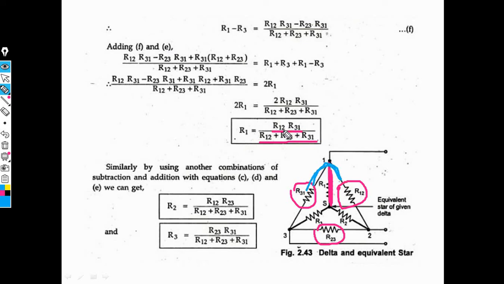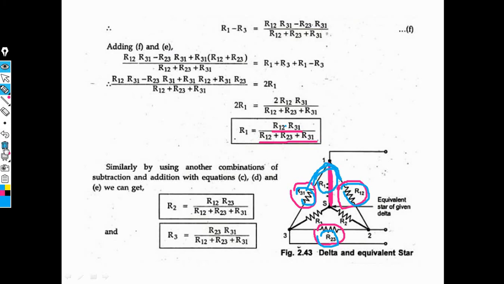Then we are taking R12 into R31. But R12, R23 and R31 are connected in parallel, then we are taking the addition sign. This is for resistance R1.